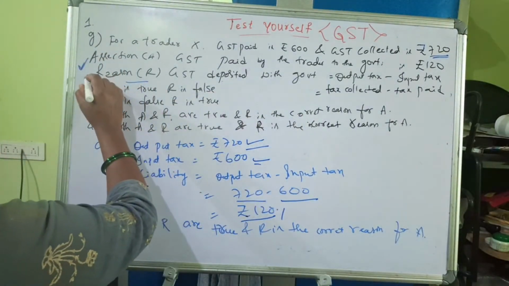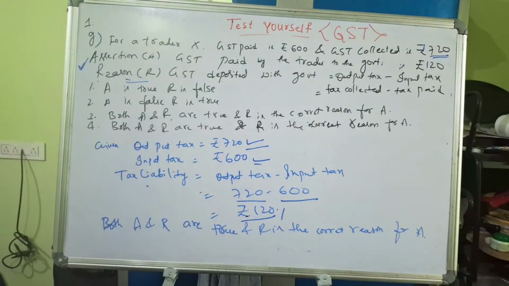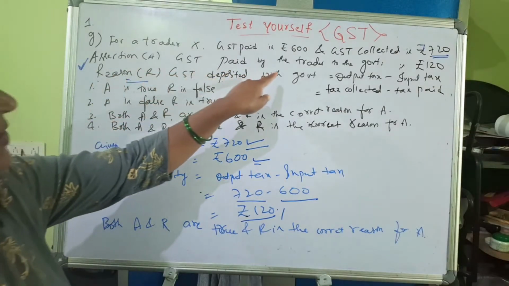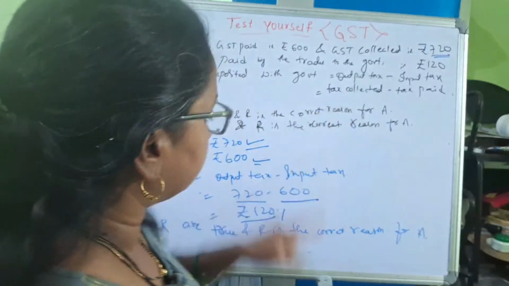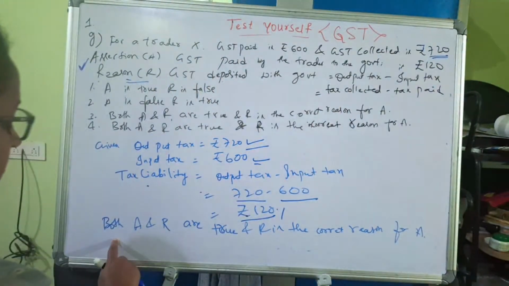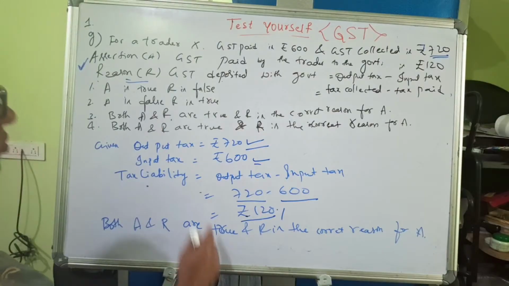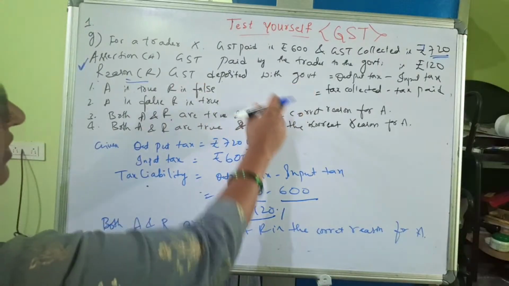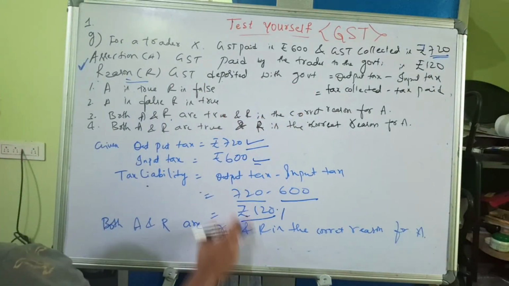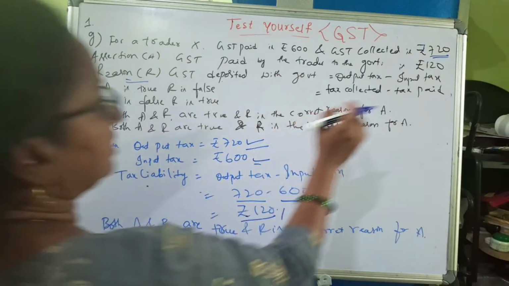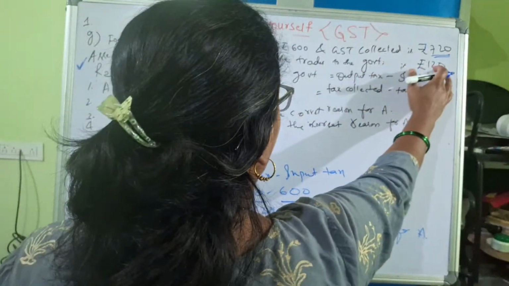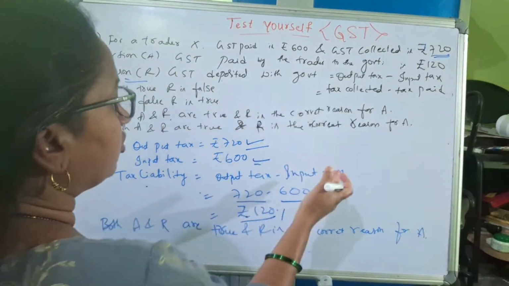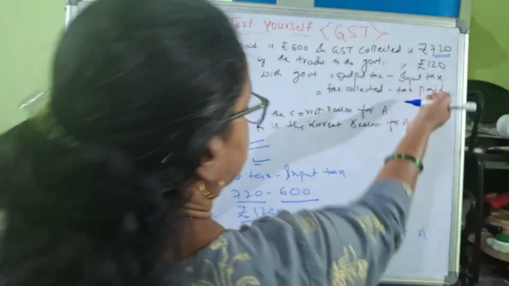Then reason R is correct. In the assertion, the GST paid by the trader to the government is rupees 120. That is also true. So both A and R are true, and R is the correct reason for A. The tax liability is 120, and the GST deposited with the government is equal to output tax minus input tax.